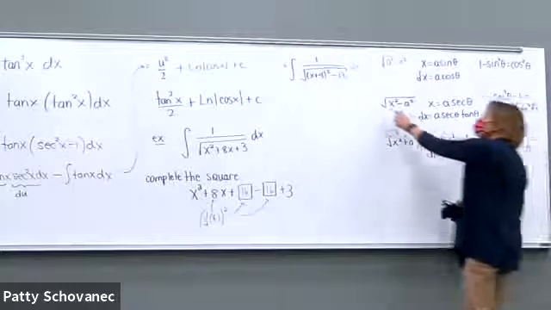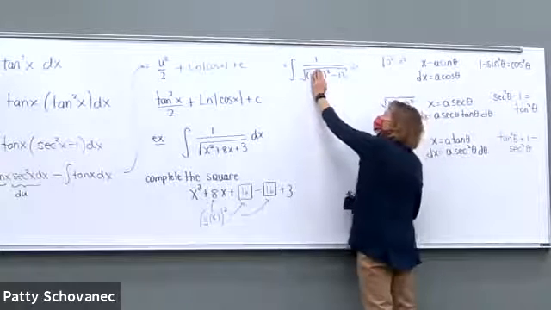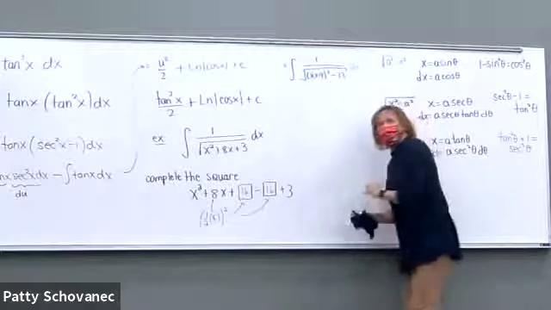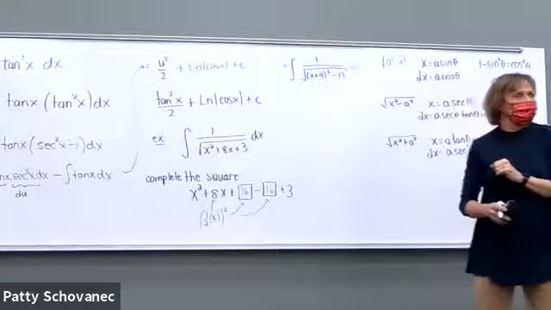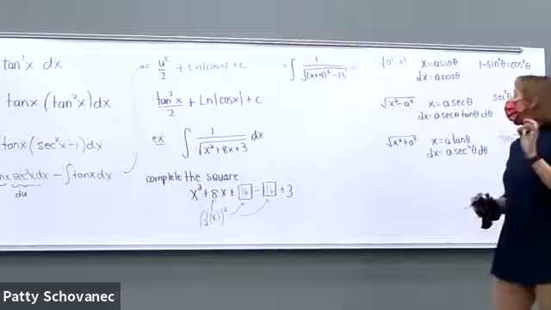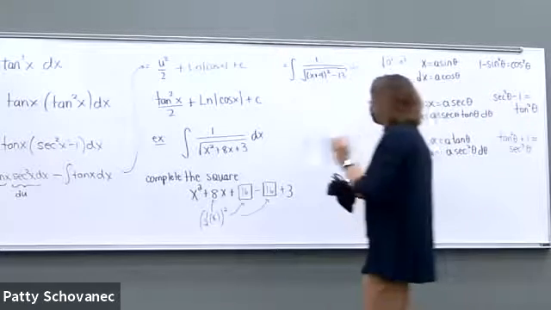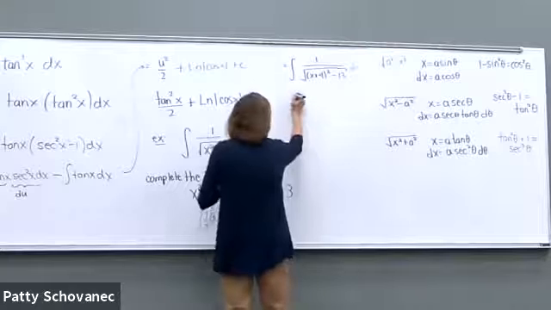So when the variable's in front of the minus sign, I take this stuff to be the square root of that number times the secant of theta. So we're going to take x plus 4 to be the square root of 13 times the secant of theta.